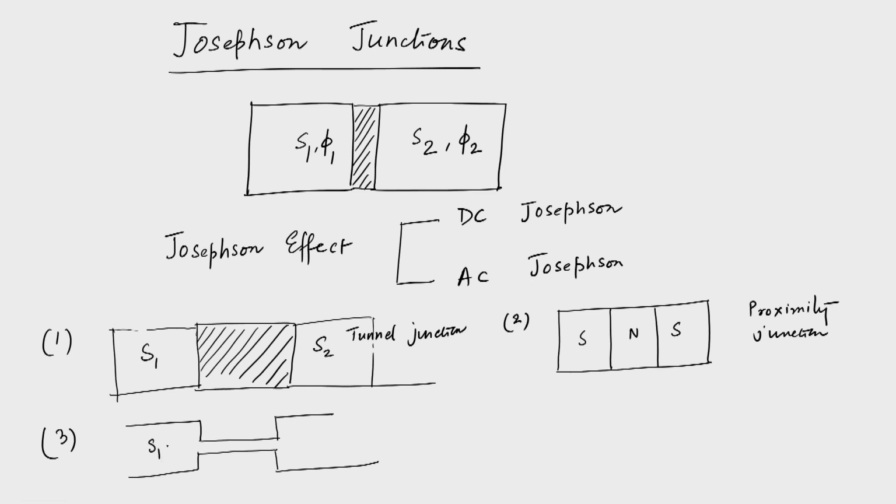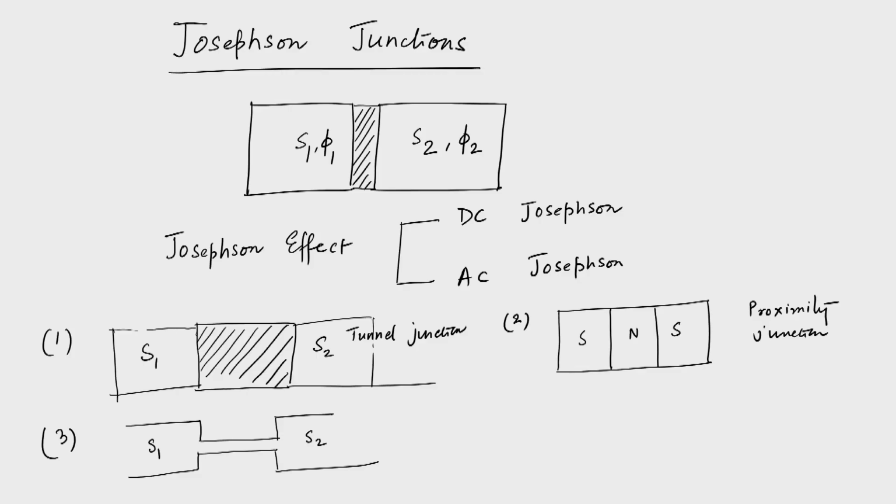So this is S1 and S2, and this micro constriction could actually be made of the same material as S1 or S2, and all three could be the same, but just the fact that there is a constriction there, the number of modes carrying current will definitely be affected by this, and this is called the constriction, or what is called the micro bridge.